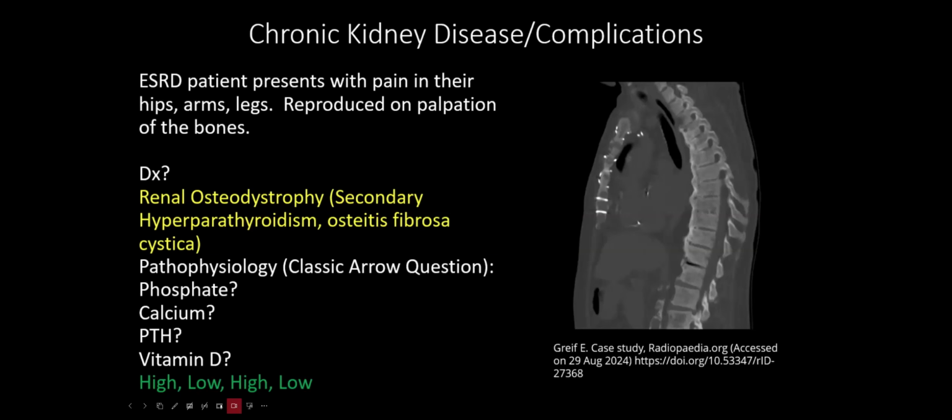How would you treat that? I know it's not on the slide, but how would you treat the bone pain associated with renal osteodystrophy? A lot of that would be just managing the phosphate levels. Yeah, so whether that means phosphate binders like sevelamer, you can also treat the hyperparathyroidism with calcimimetics if you had to.